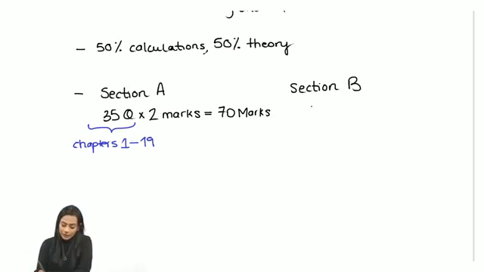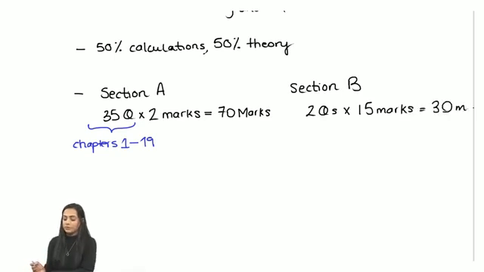Section B, however, will have 2 questions, and each of those questions are worth 15 marks. So that's a 30-mark total. Now these 2 questions are case study questions, so it's based on one company where you'll have to answer little mini sub-questions, okay?